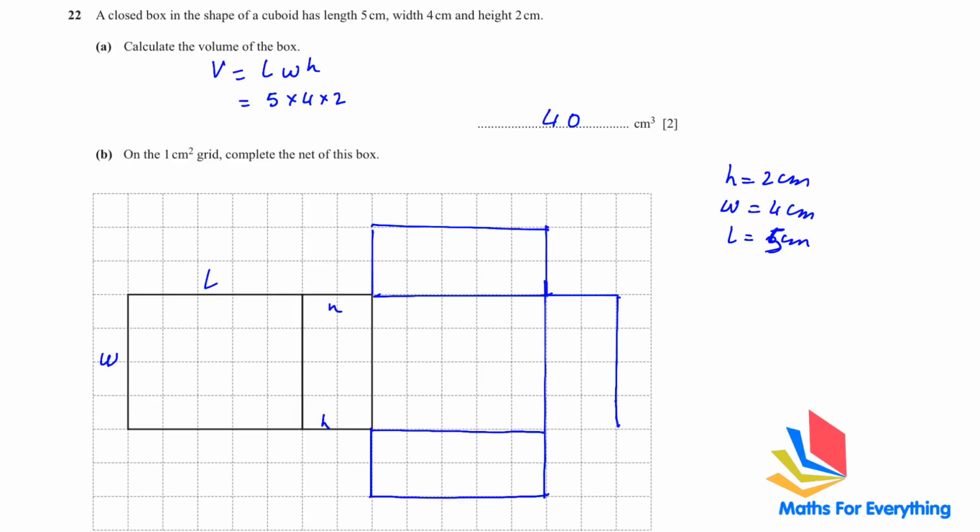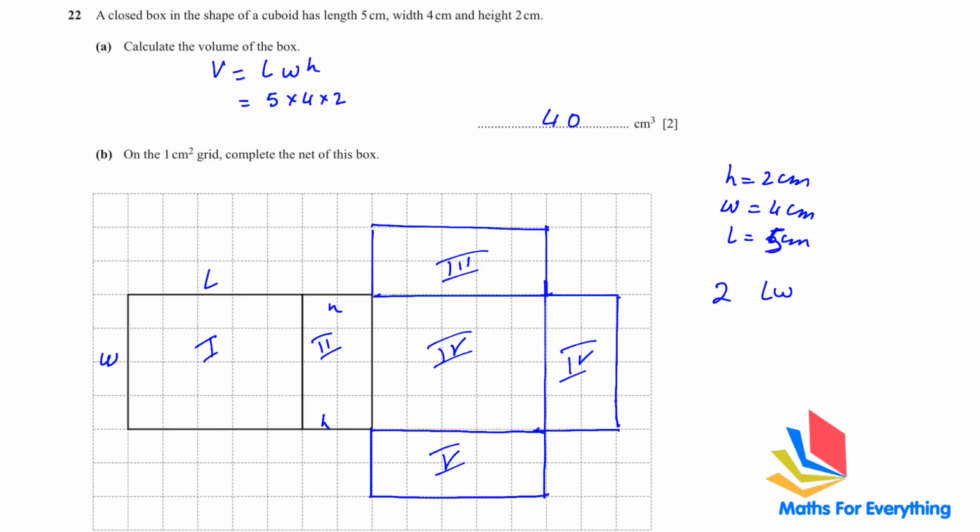When you're drawing the cuboid, remember that a closed cuboid, a closed box, will have 6 faces. So count the number of faces we have. 1, 2, 3, 4, 5, and 6. Also, another thing to remember is you will have 2 faces with length times width.